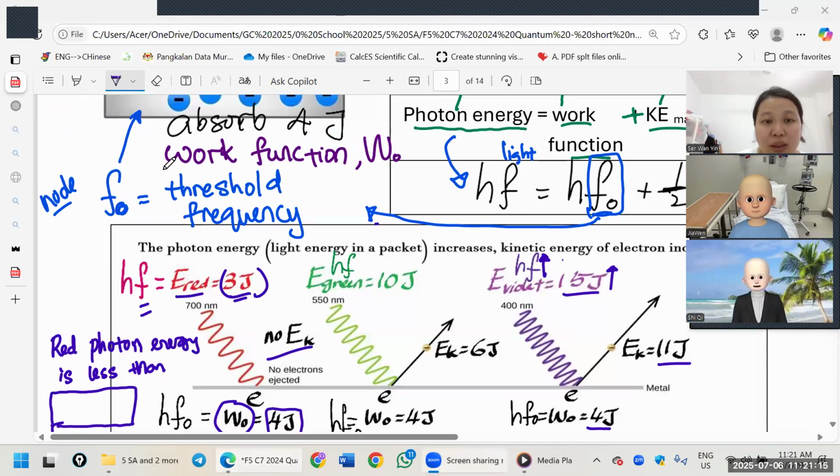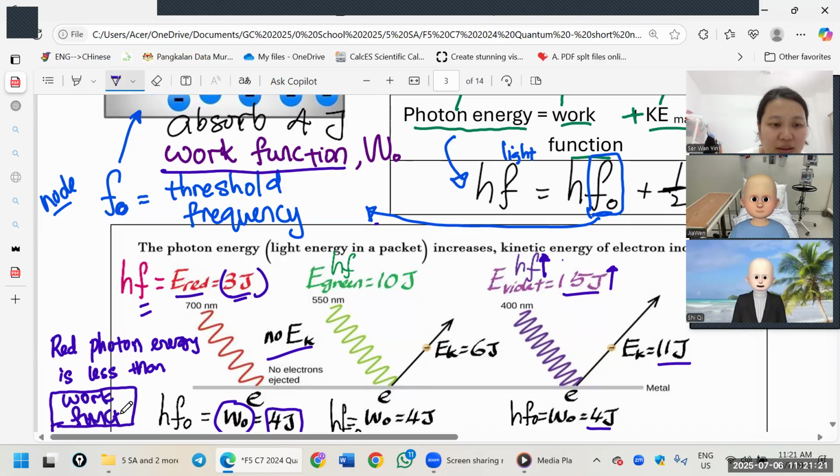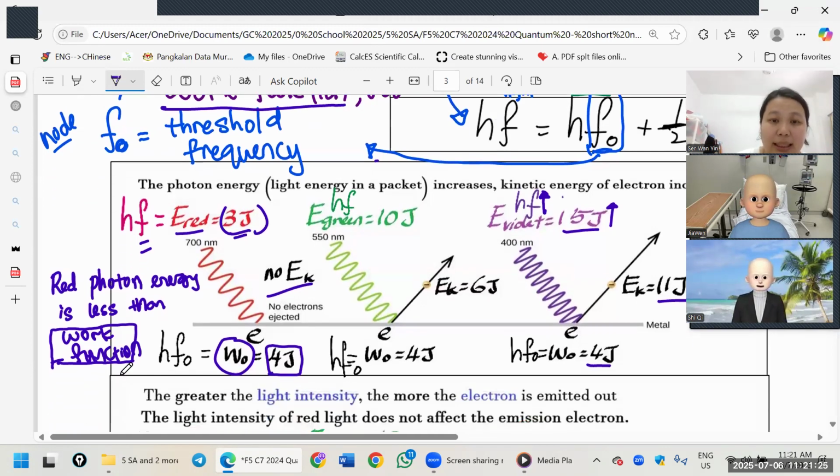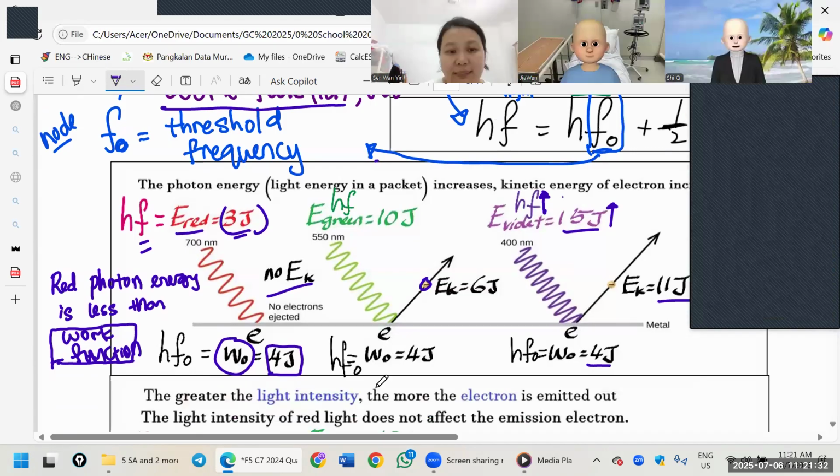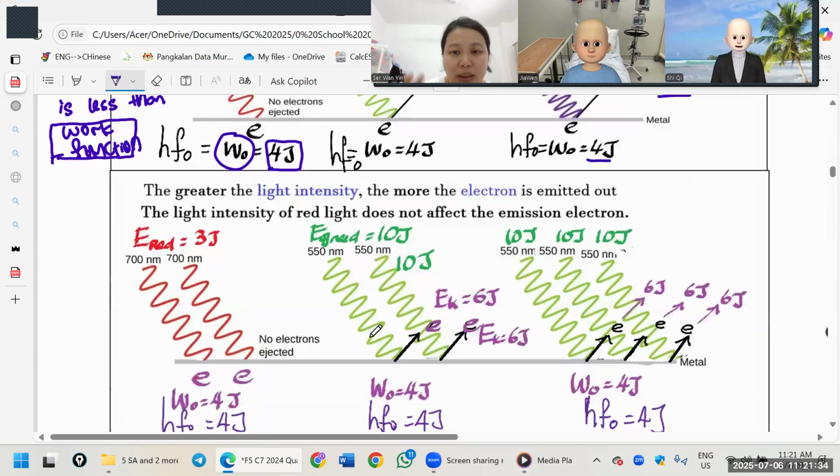Yes, thank you. Work function. So if the photon energy is more than the work function, ta-da, we get photoelectrons. This one we will see later.